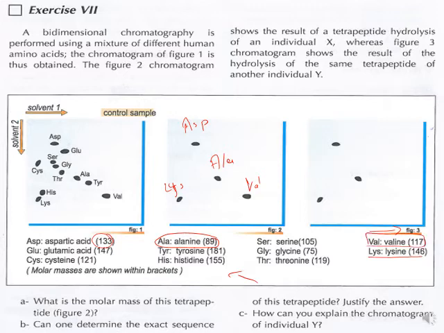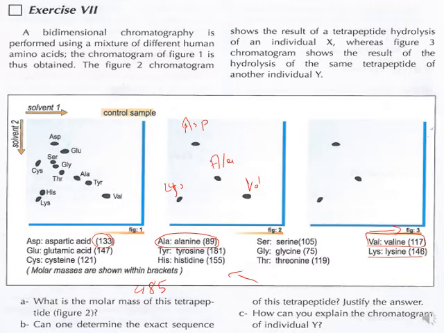So here we find the molar mass of the tetrapeptide. I have to add 133, first of all, which is for aspartic acid, and you have to add 89, then 117 for valine and 146 for lysine. It will be 485. This is the molar mass, 485.